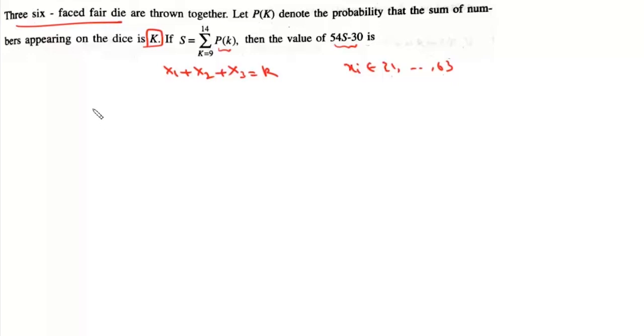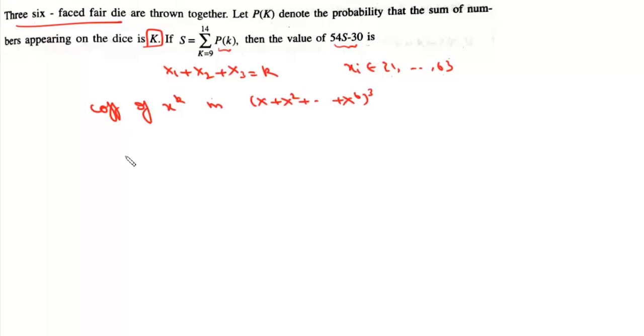So that means we have to find the coefficient of x to the power k in the expansion of x plus x square up to x6, and since we have 3 dice, it will be this to the power 3.